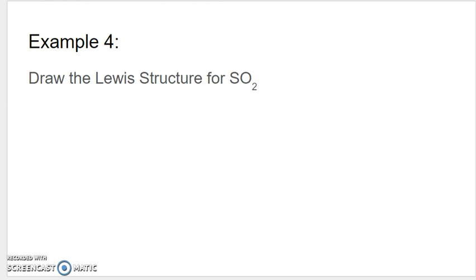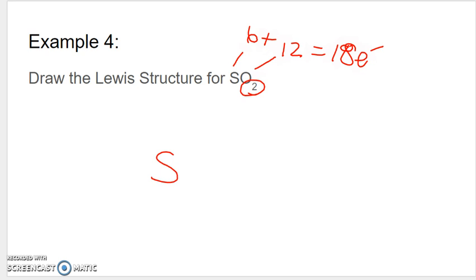Okay, so now we're going to try out SO2. Again, you look up the valence electrons. S has 6, and each oxygen has 6, so that would be 12 total, because we have 2 oxygens. So 6 plus 12 would be 18 electrons, which you're going to be working with. Again, you're going to put S in the middle, and you can say, okay, we have 6: 1, 2, 3, 4, 5, 6.